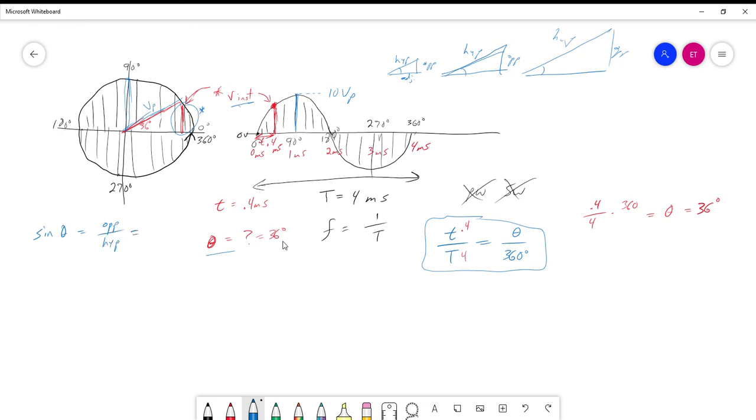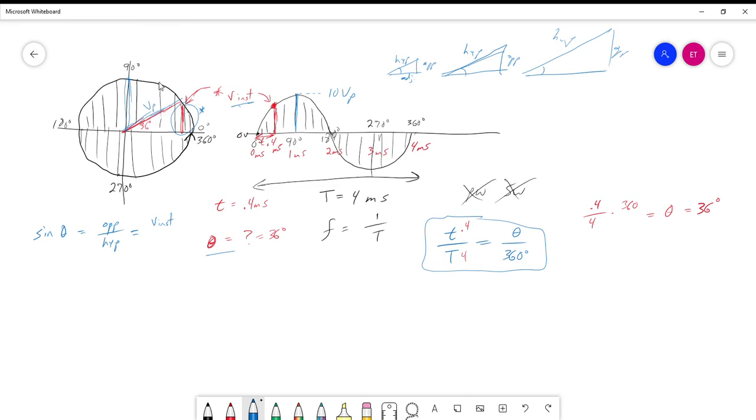For us, that means the opposite side is the instantaneous voltage. This is the opposite side of our little triangle that we see here forming. So the opposite side is right here. And the hypotenuse, if you can see it, is the peak voltage.